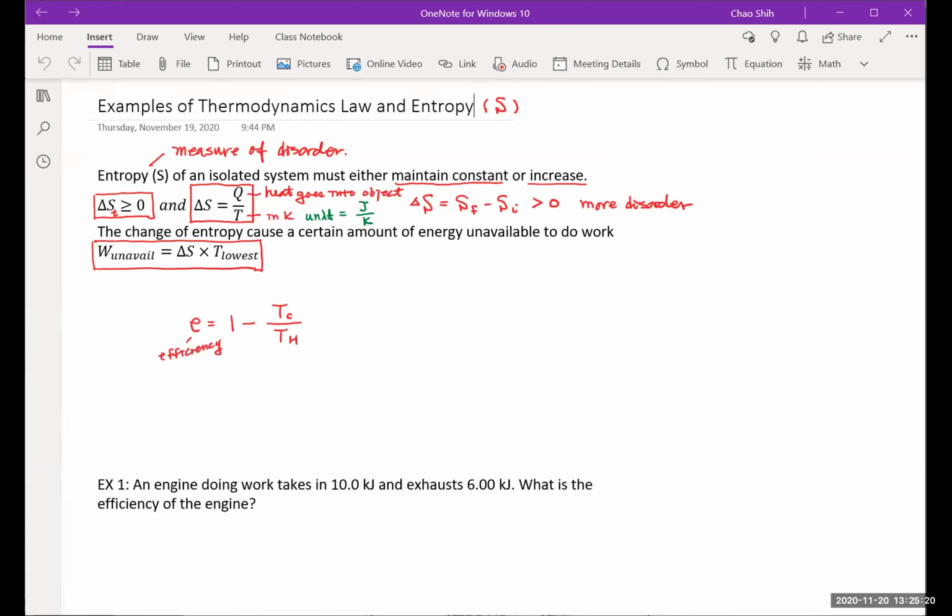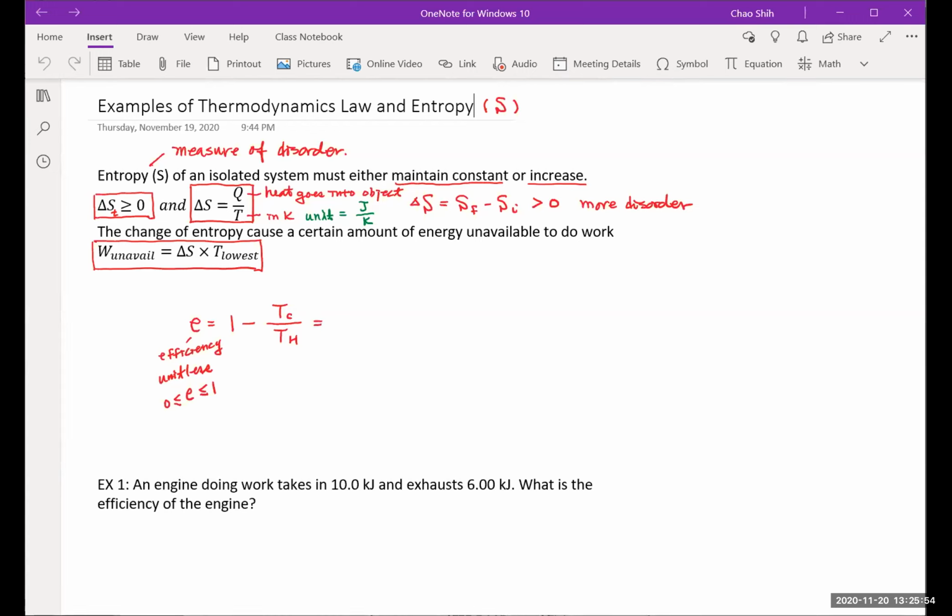Efficiency is unitless. It's just a value. This value will be less than or equal to 1, and greater than or equal to 0. So if you got 0.5, that means half efficiency. Like you give one unit of energy, but only half of the energy will be able to do work.